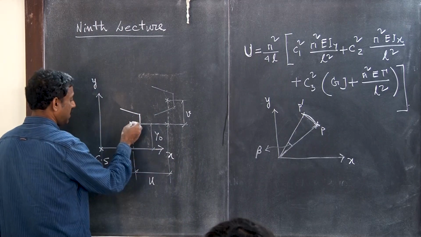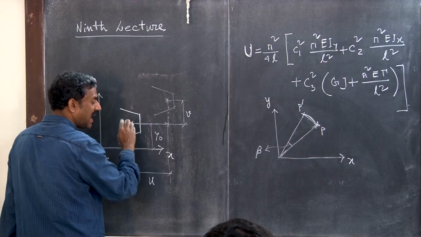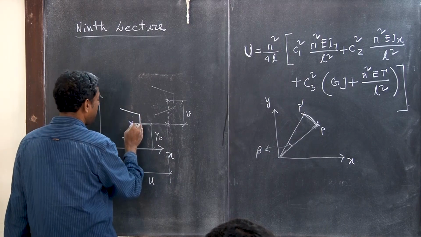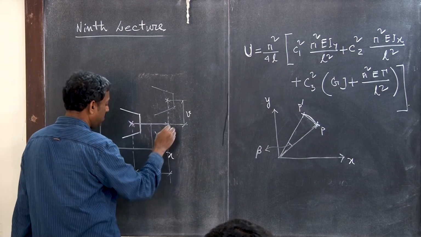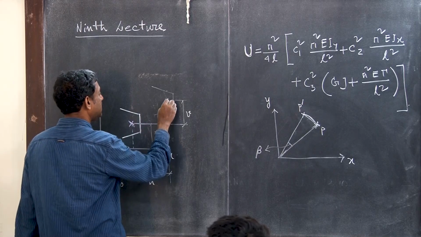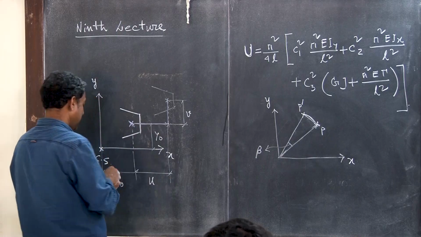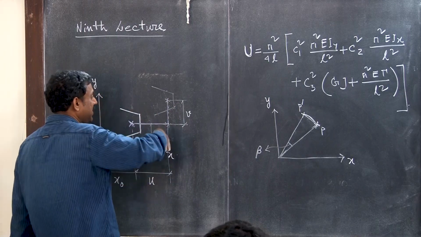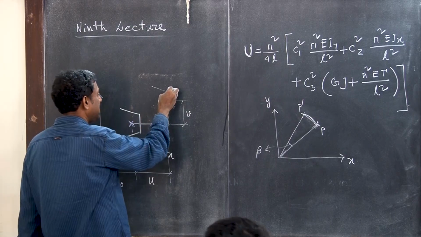Do you understand? See, I am amplifying the deformation, though it is infinitely small. This CG is moving u, and along this it is also moving v, but along with that it is also going through some twist, anticlockwise.